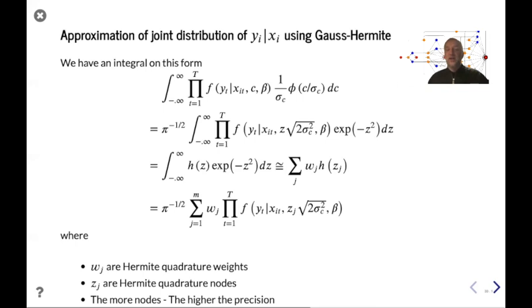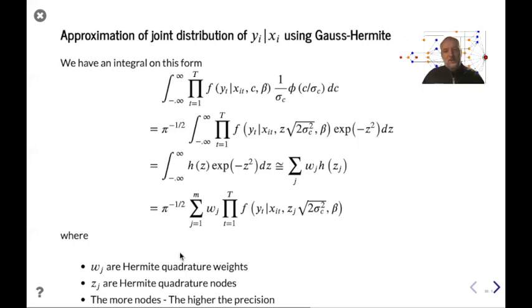We have an integral of this form, and this is exactly what Gauss-Hermite is meant to deal with. We can approximate it as a weighted sum of this function evaluated at the quadrature points. Those quadrature points and weights are things we can compute once and for all. There's a Python function for that as well, and you can also compute them yourself.